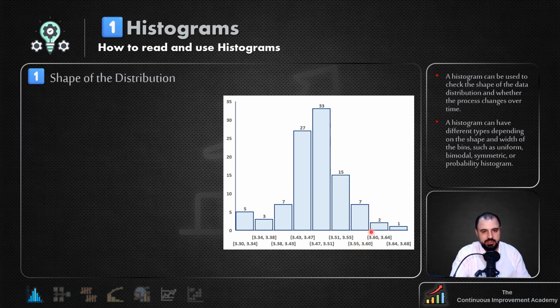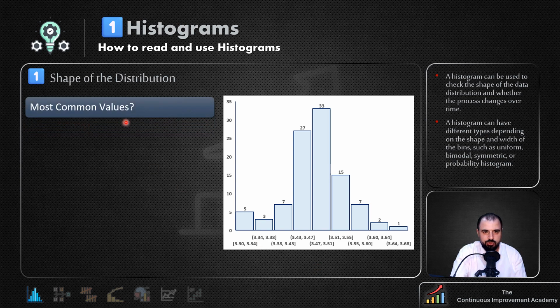In the previous slide, it was more or less to understand the concept, but here we have the actual numbers we got from our previous example about the thickness of the product. So here, what is the most common value? Think of it. Where is the most common value? The most common value is the value with the highest frequency.